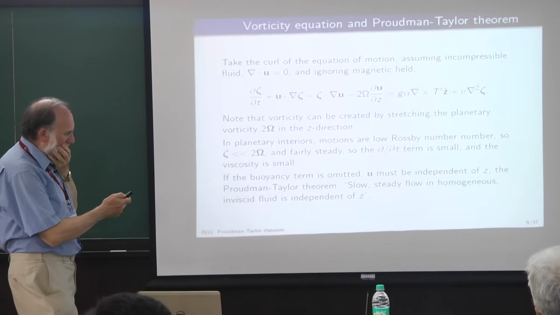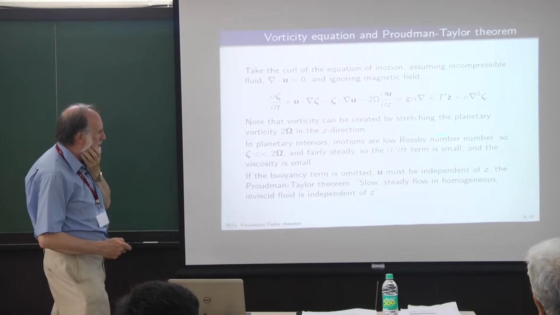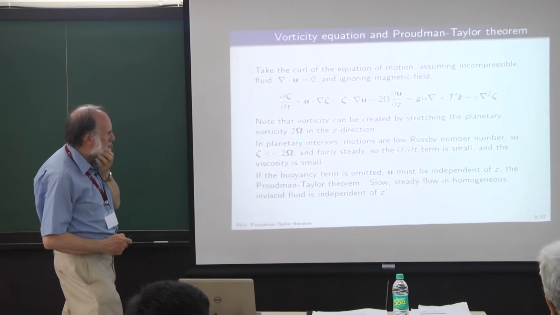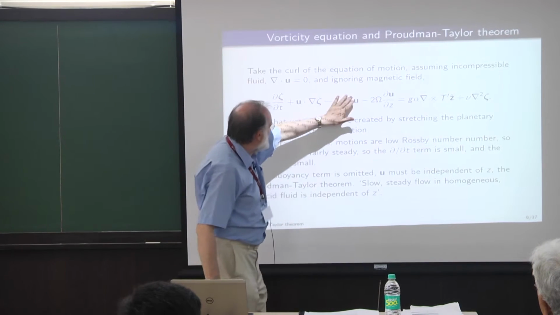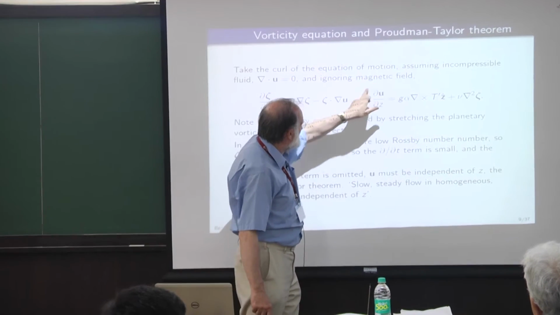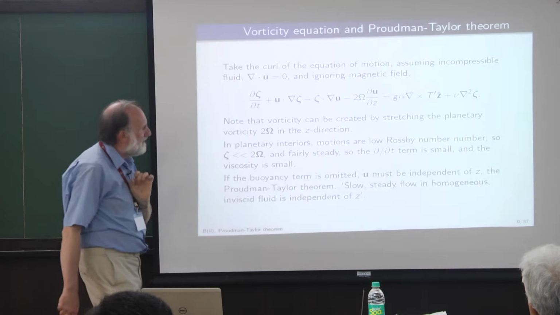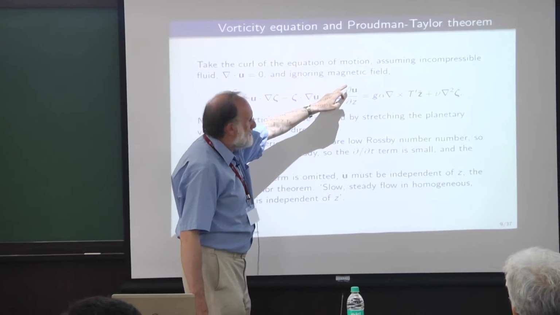And actually, the first thing we do is to consider what are called slow steady motions. Slow steady motions are motions at very low Rossby number, where these terms here become small compared to that. So that is in some sense much the biggest term, and because there's nothing to balance it, it's got to be 0.